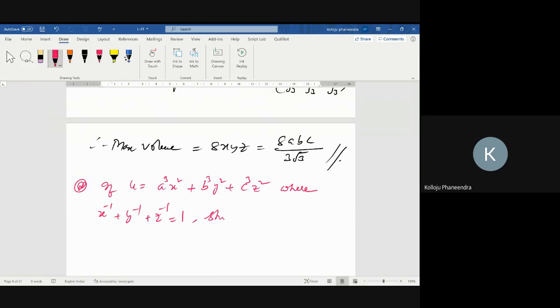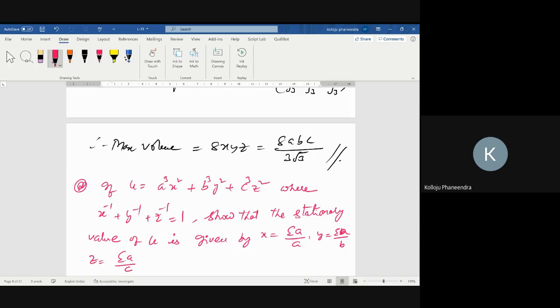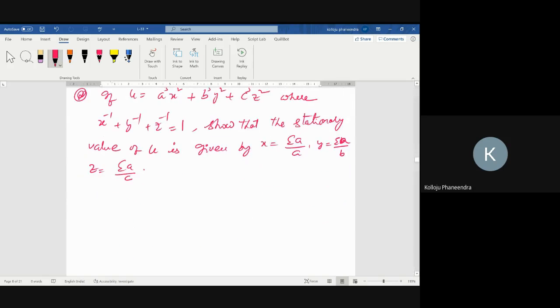Show that the stationary value of u is given by x equal to sigma a by a, y equal to sigma a by b, z equal to sigma a by c. Solution.